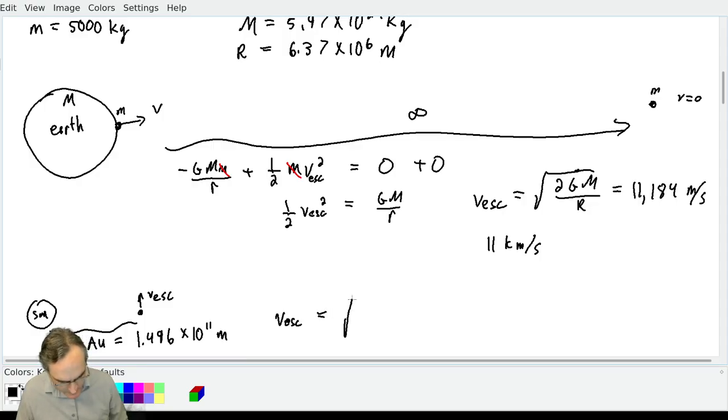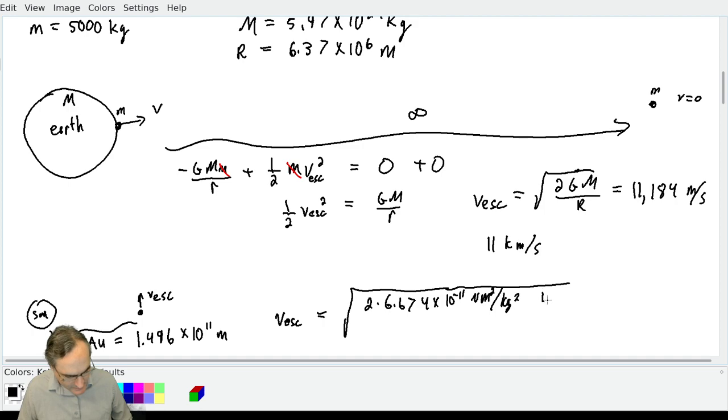So to escape from the solar system, we'll be taking 2 times 6.674 times 10 to the minus 11 newtons meters squared per kilogram squared. Then we're going to have the mass of the Sun, which also is on the sheet, but it's 1.989 times 10 to the 30 kilograms.